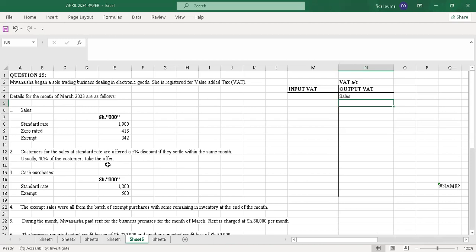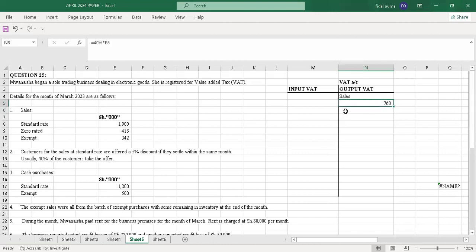So this is what I will do. I just say equals 40% times the standard rate, which is 1900. I want to get those 40% that buy goods on discount. So this was 760.